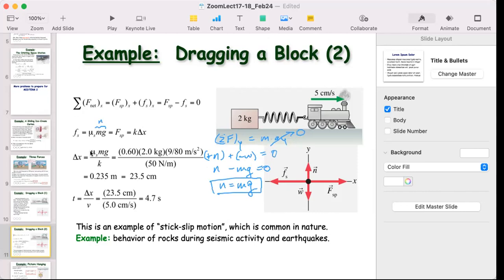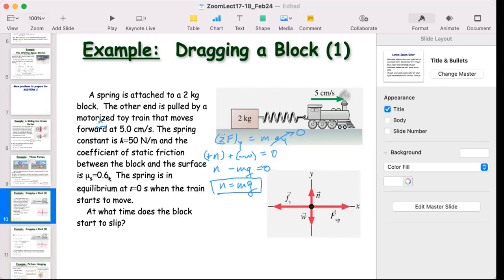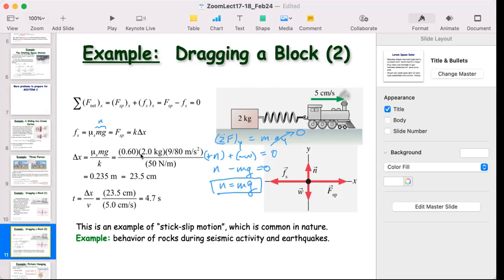Okay, very good. So here it is equal to K delta X. So delta X is equal to mu s mg divided by K. Now, mu s was provided by the problem. It was 0.60, remember, 0.60. And then we have the mass of the block, which is 2 kilograms. Then we have g, which is 9.8.